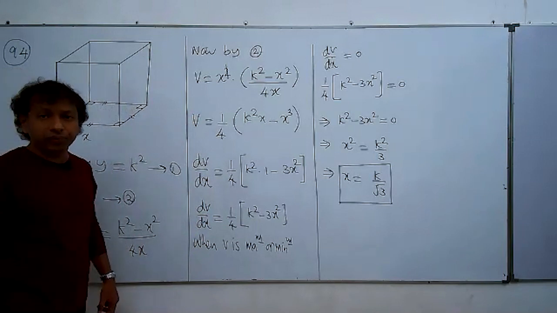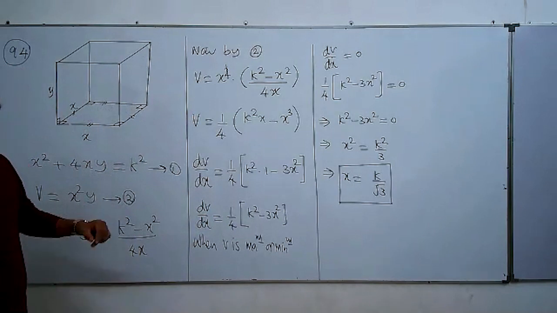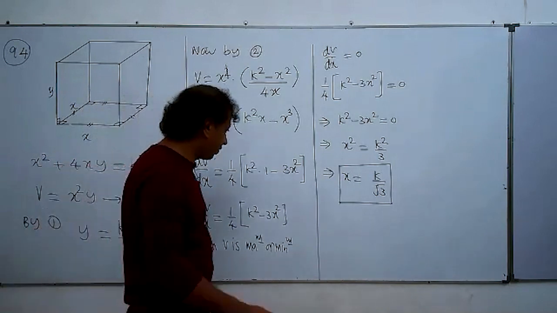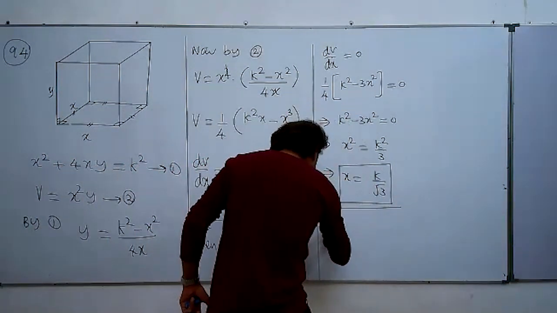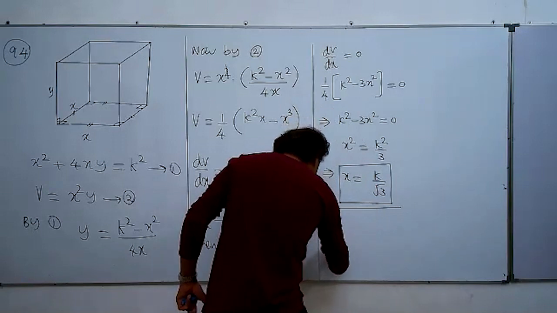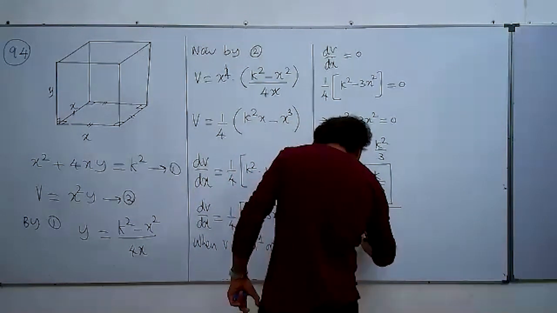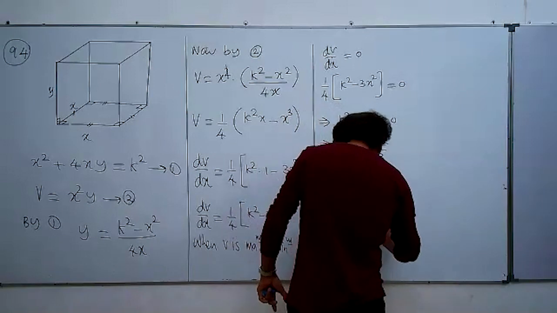Now we have to exactly verify that at this value of x, k upon root 3, the volume v is maximum. For this, I am going to take the second derivative. Differentiate this a second time. d2v upon dx2 equals 1 upon 4 (k squared is a constant, so 0).